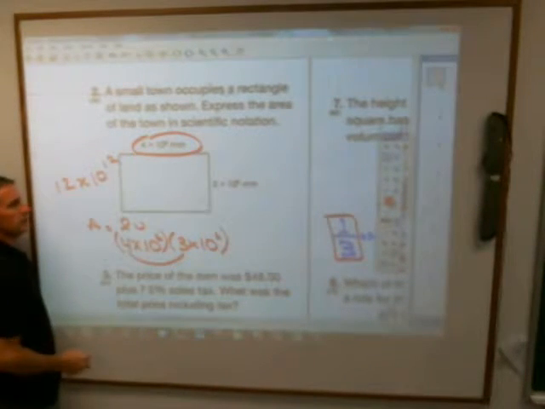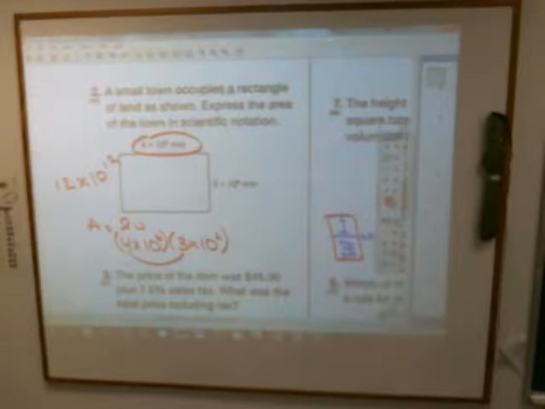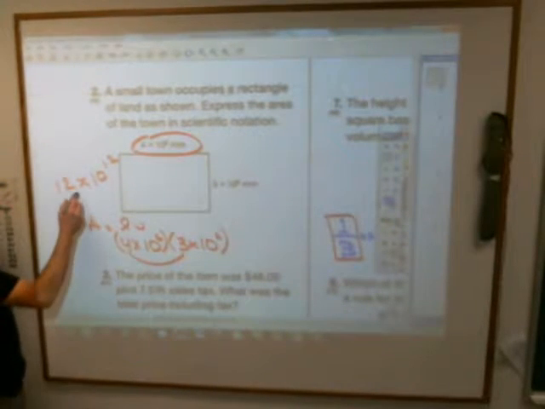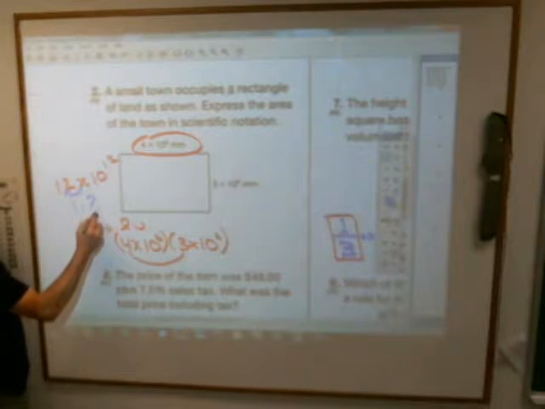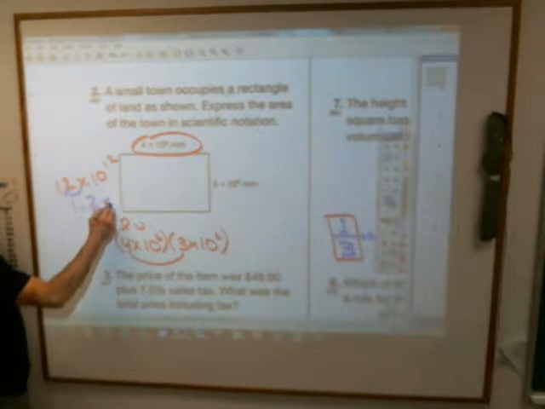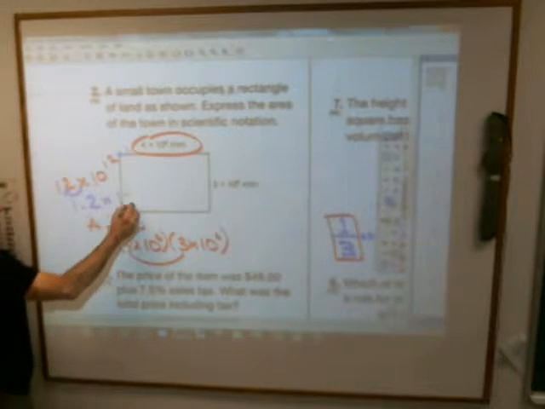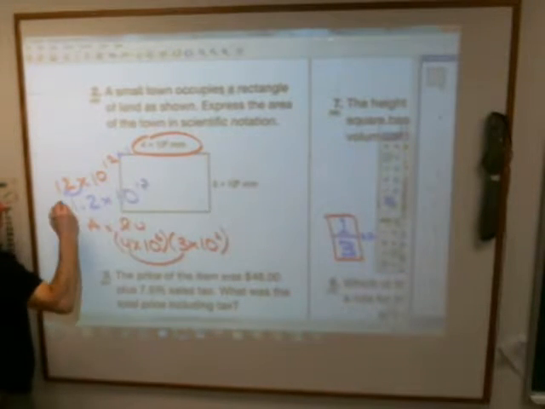Okay, this is all well and good, except it's not in scientific notation. You can't have a 12 in scientific notation. It has to be between 1 and 10, so you have to take this decimal, move it back one place, get 1.2. And since I made this one smaller, I make this one bigger. It's going to be times 10 to the 13th power.